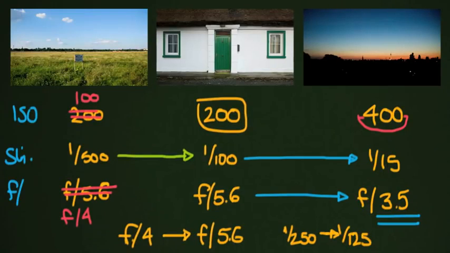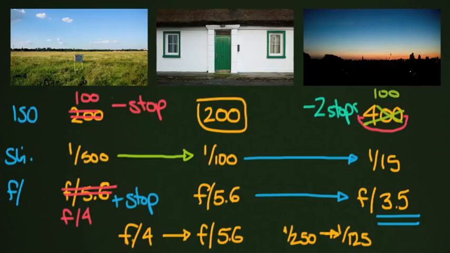So you've moved one stop here, so we've got minus one stop. Now we need to add a stop somewhere else, so we've added our stop here. And the same thing if you were to do that to this 400 here. Say you were to make this 100 speed film. Well, that means that's two stops, so we've got minus two stops here.